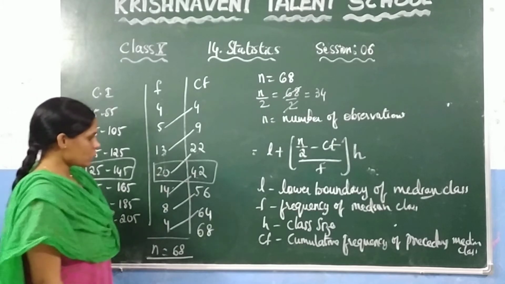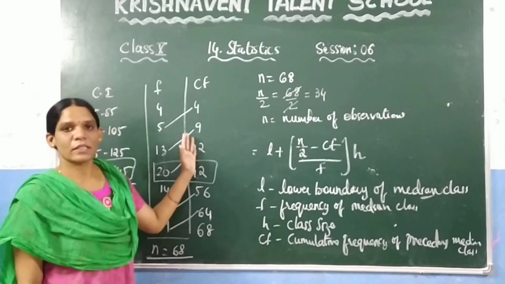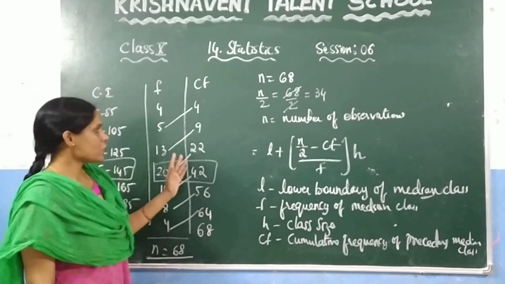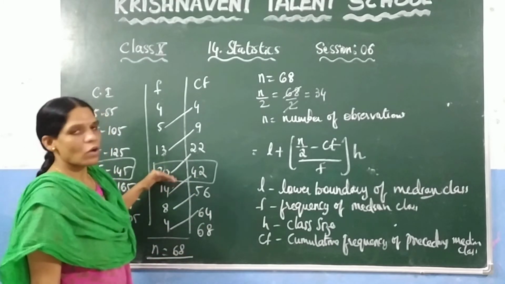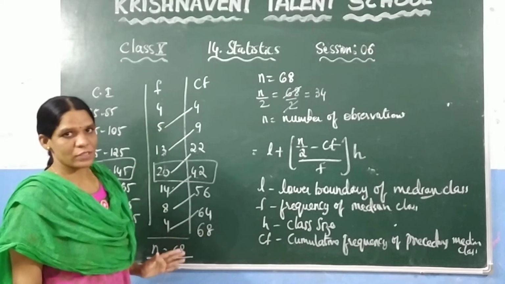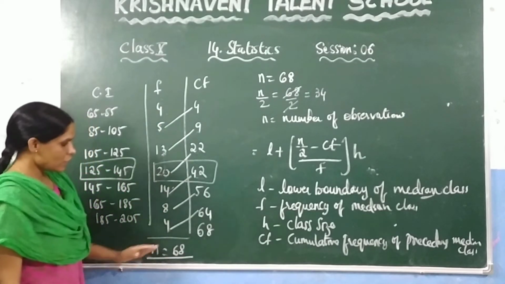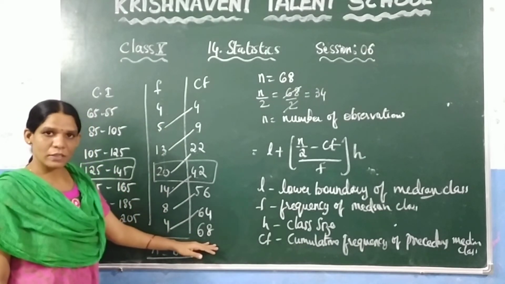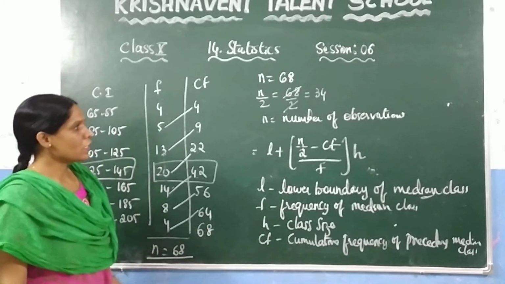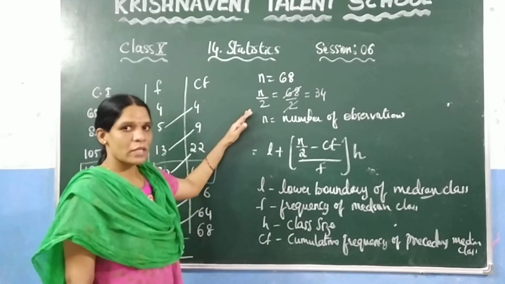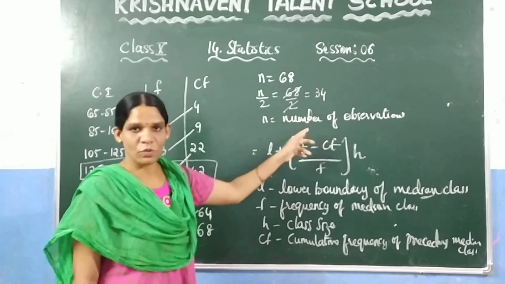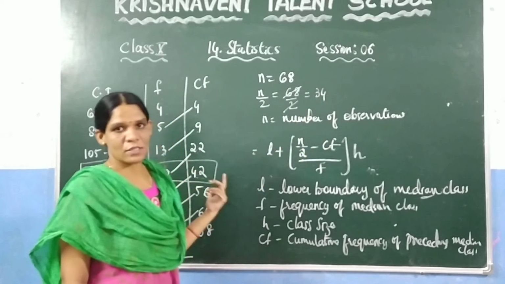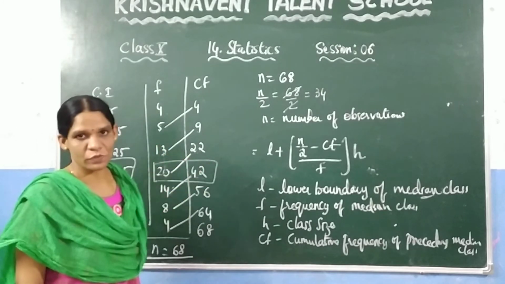Again what we need to do here, first you need to calculate the cumulative frequency, and this cumulative frequency can be obtained by taking sum of all the above or the preceding frequencies, and after that you will get the n value which is nothing but the number of observations, and you need to calculate the n by 2 value so that you got it here 34, and you need to check here this 34 lies in between which range, in between the frequency and the cumulative frequency.